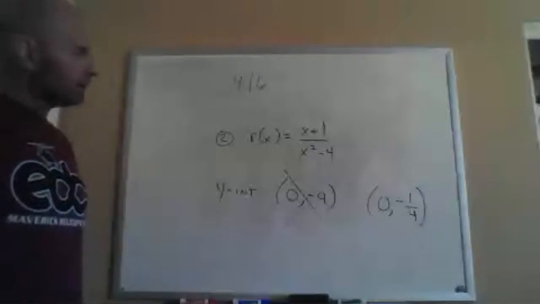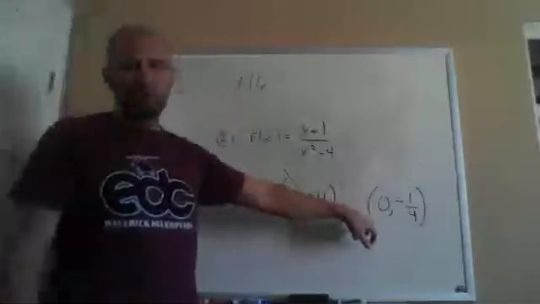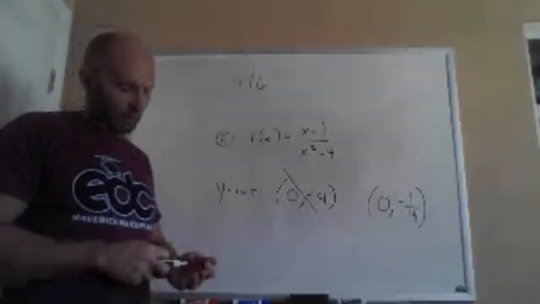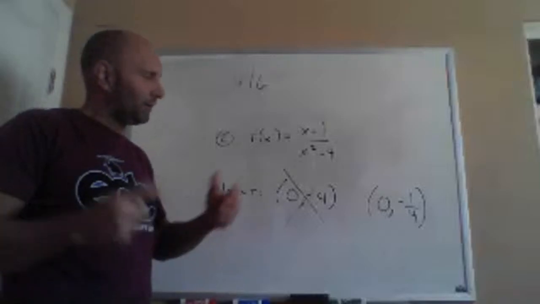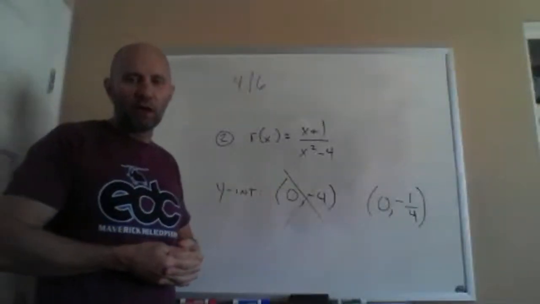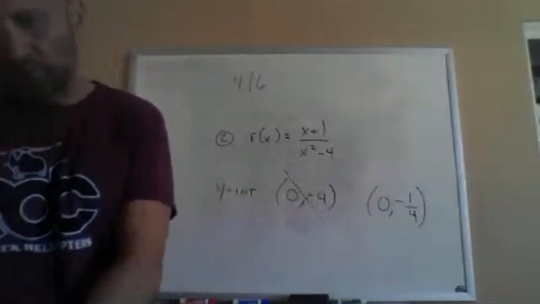So make sure you go back in your ticket out the door, April 6th, problem number 2, y-intercept should be 0 and -1/4. Otherwise, if you're trying to do this one later, you're going to be like, how in the world is he getting -4? Because I had it wrong for you guys. So it should be -1/4.